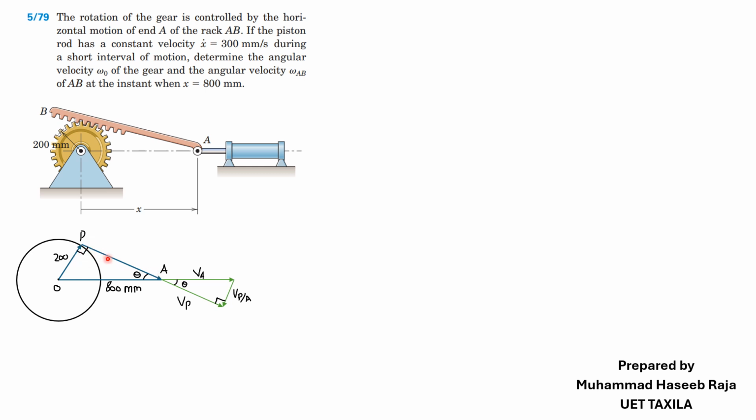So PA is the base, this is the perpendicular, and this is the hypotenuse. Our first step is to find the angular displacement, which is theta. Using the sine relation, sine theta is equal to perpendicular over hypotenuse.